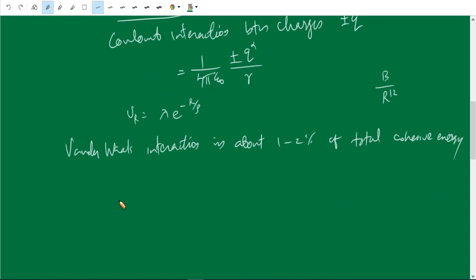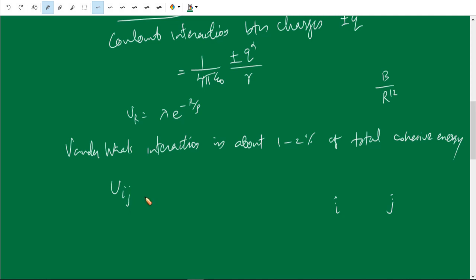Now let us consider the interaction potential between two ions, a reference ion i and another ion j. Uij is the potential energy between these two.